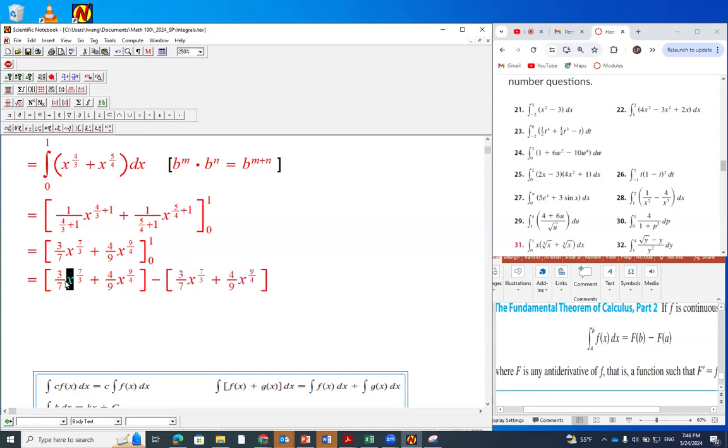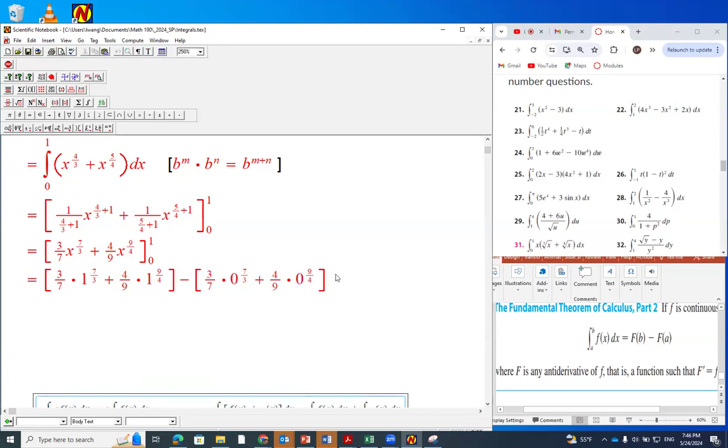Substitute x by 1, which is doing capital F of b. And over here, you substitute x by 0. Of course, in this case, the latter bracket is 0. You could actually skip this step, but I'm just showing you as a procedure.